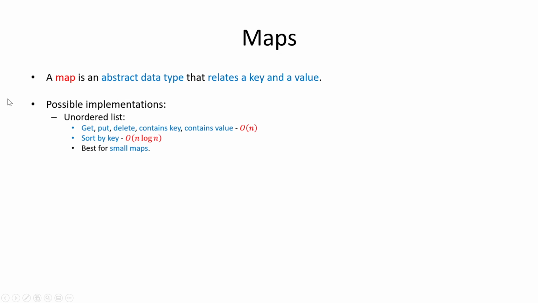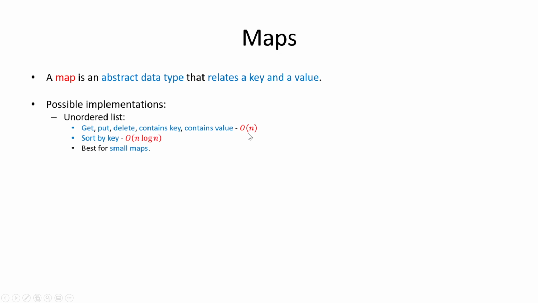Now, if we have our map implemented as an unordered list, then the search for the key means searching the whole list. We don't know where it is. We've just stuck these key value pairs into the list with no order. So we have no advantageous way to find our key other than iterating over the whole list.